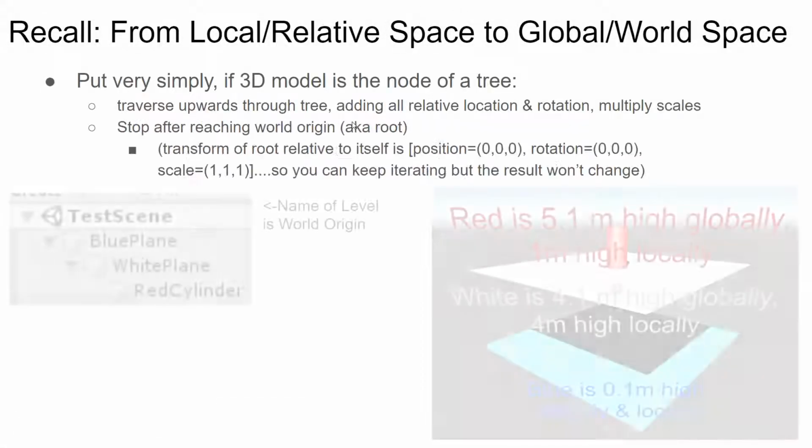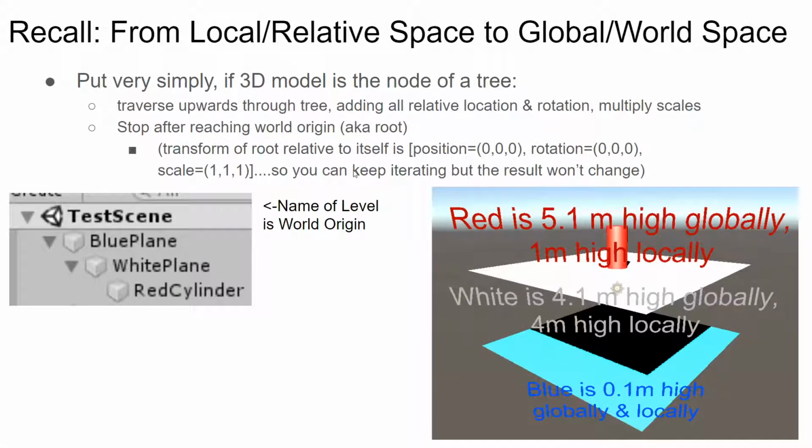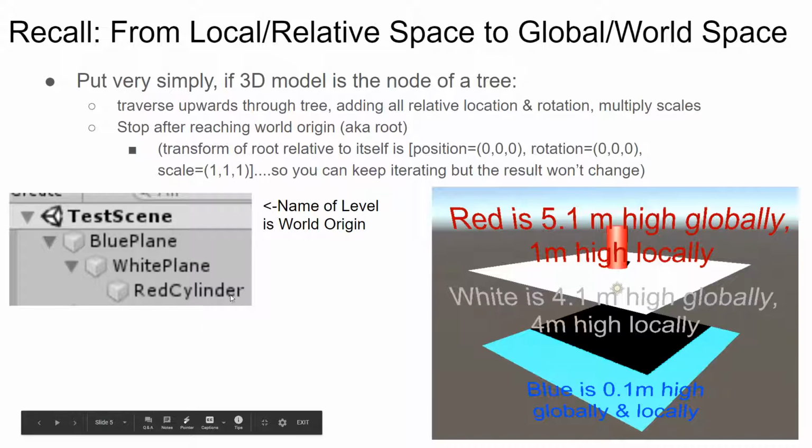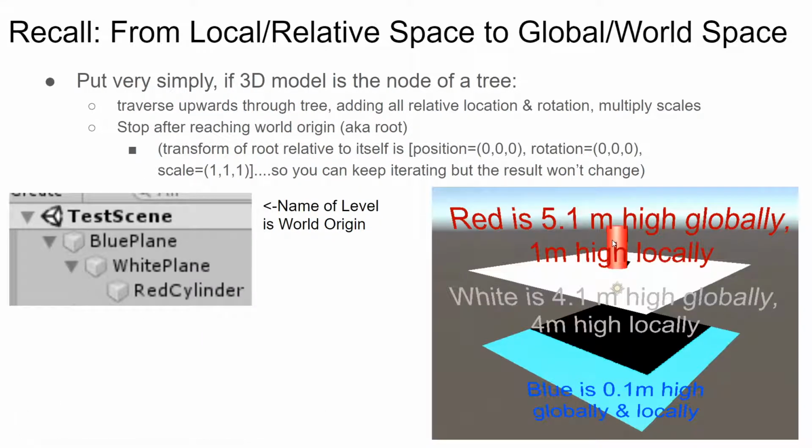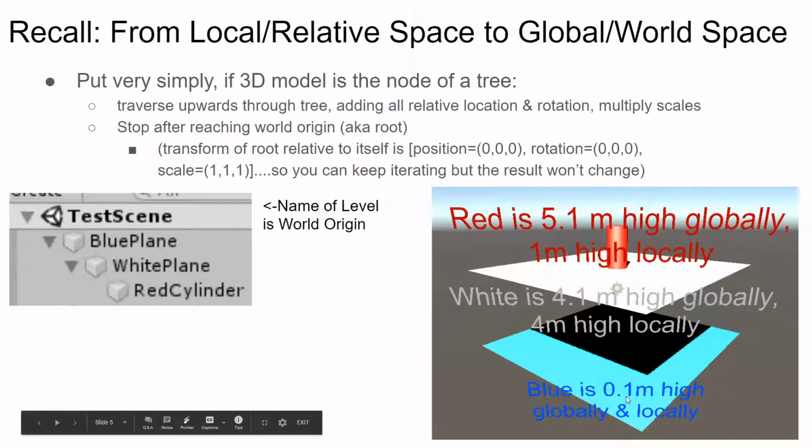So in the second lecture of the class, the graphics lecture, we looked at this example. If you have these planes and you have this parenting structure, you can very easily figure out where the red cylinder is, which is in this case the end effector, by adding the local orientations of each of the parents.